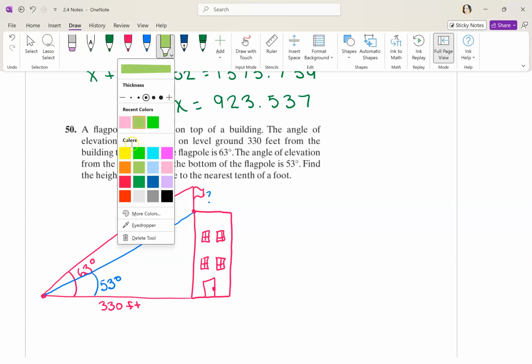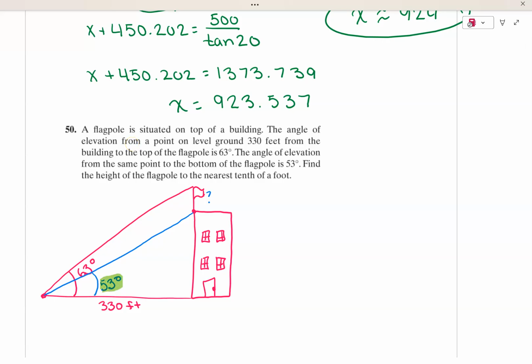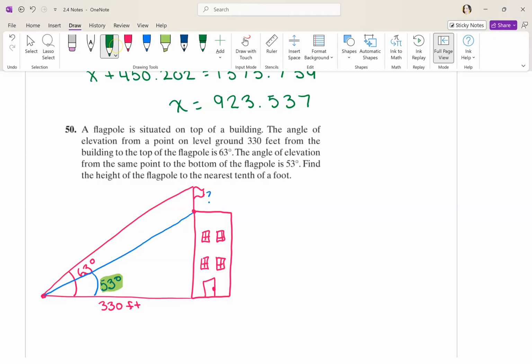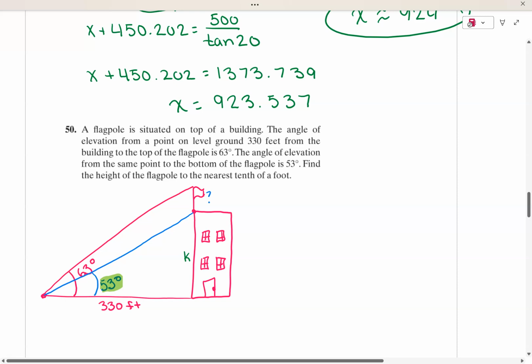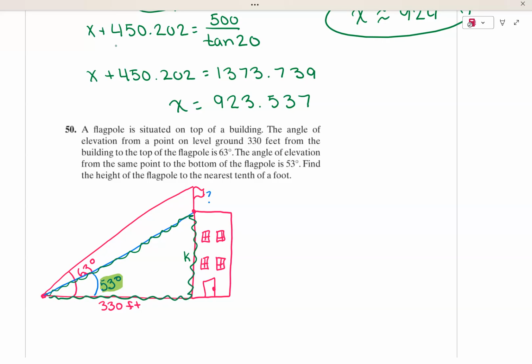So if we were to look here on this first triangle, we'll just call this a K. So for this first triangle right here, we would get tan of 53 equals K over 330.